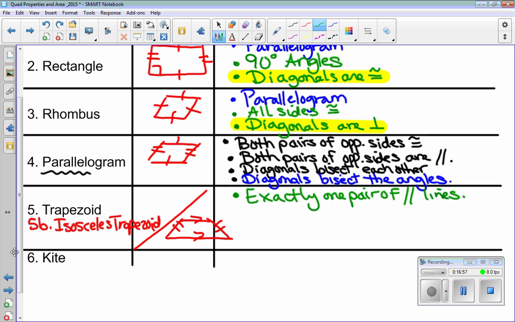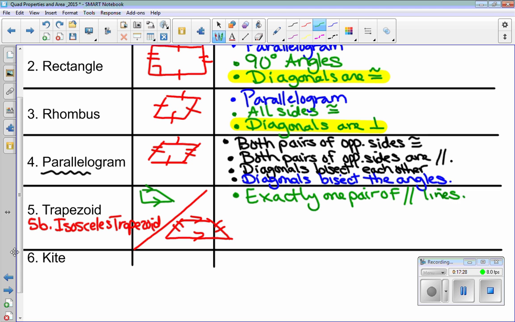And another picture could be drawn like this. That's also a trapezoid, where I have parallel and parallel, okay? But it's not isosceles. So an example of an isosceles trapezoid is the one that's drawn in red, and any plain old trapezoid would be drawn in green. So as long as they have exactly one pair of parallel sides, we're considering it a trapezoid, okay?